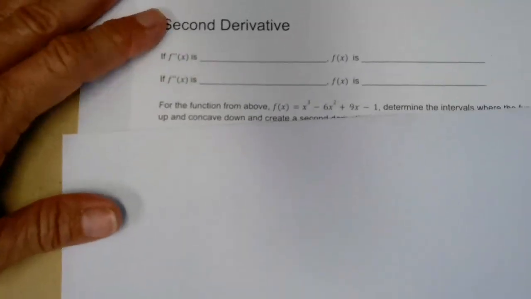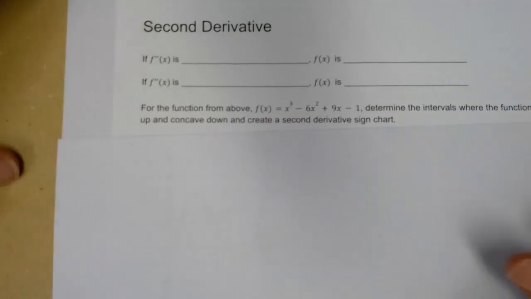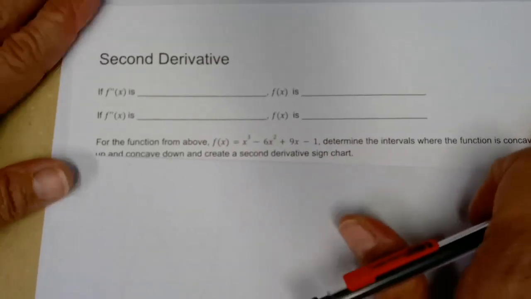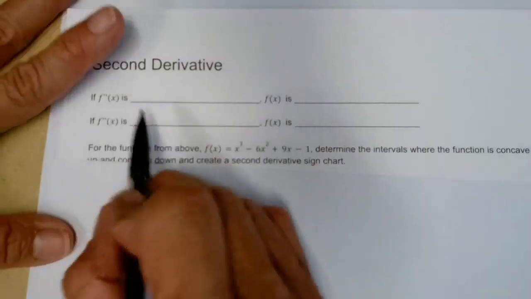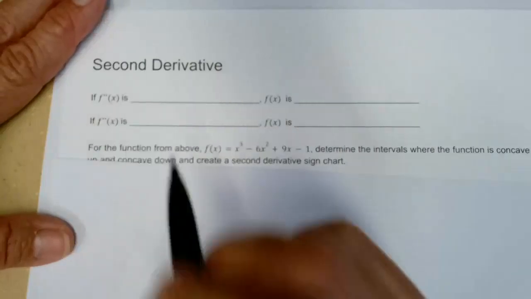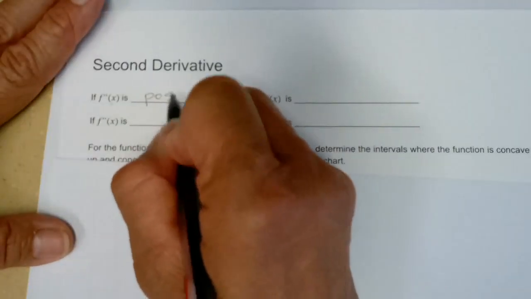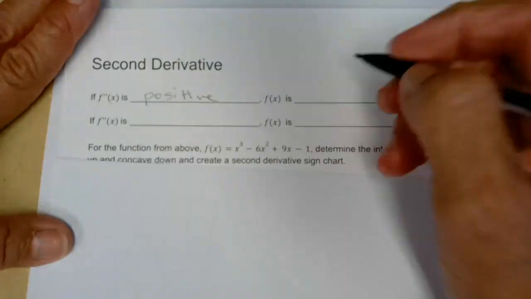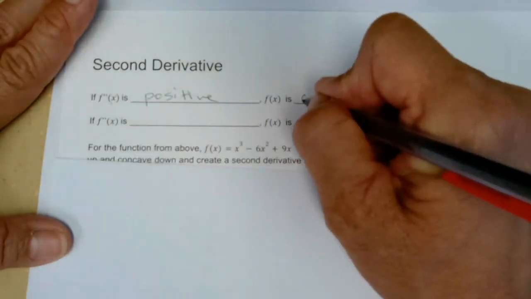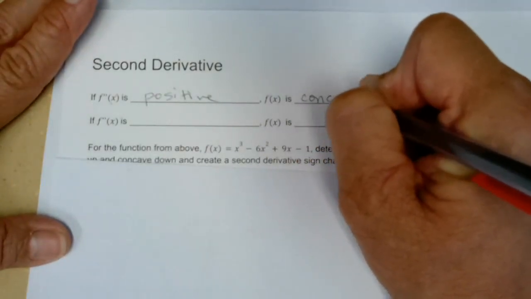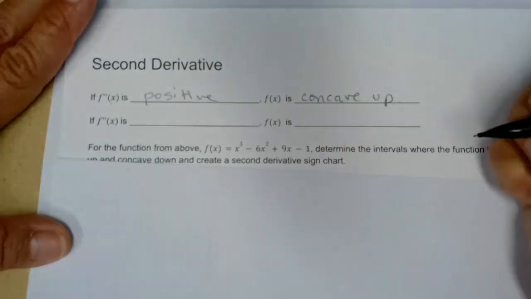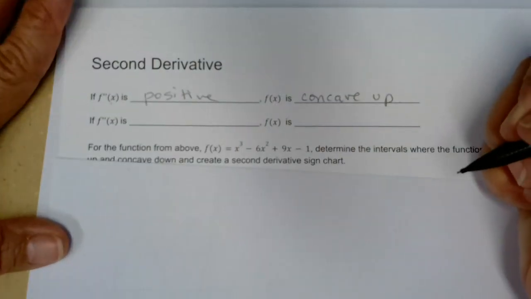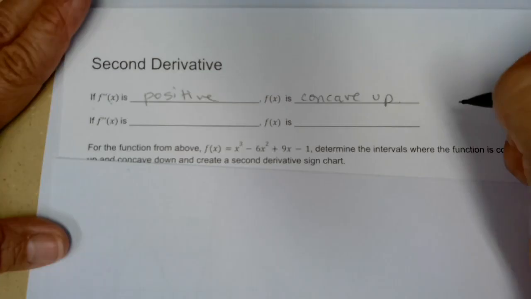The second derivative, right, so to get the second derivative, we just take the derivative of the first derivative, remember? So if f double prime is positive, then we say f of x is concave up. So the second derivative tells us about concavity.